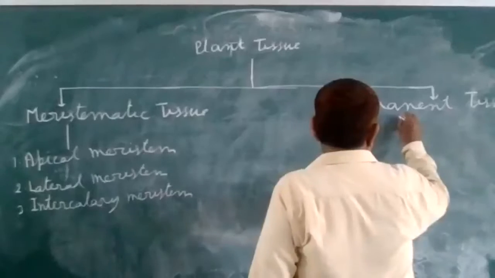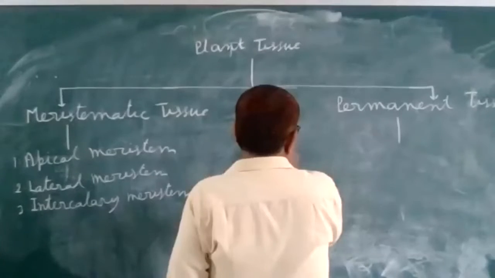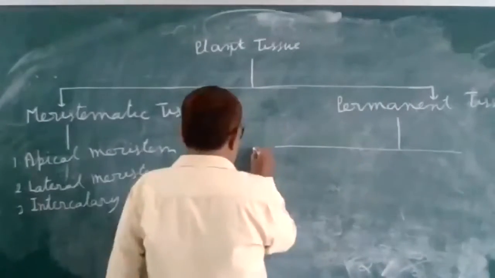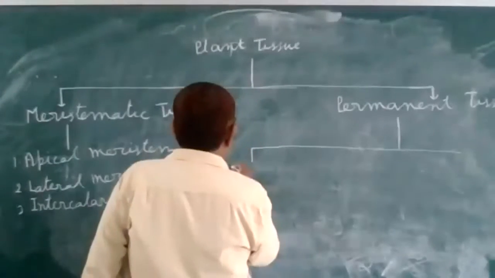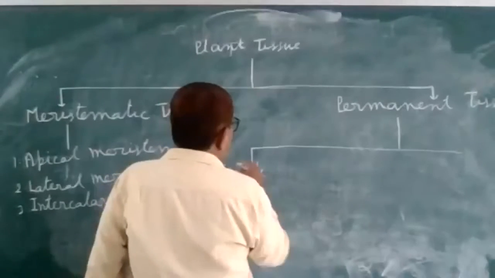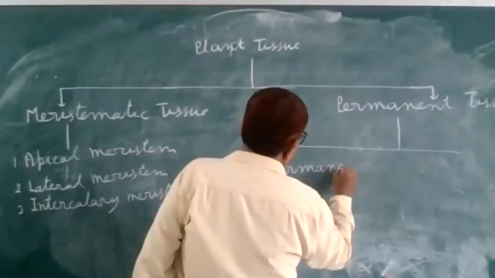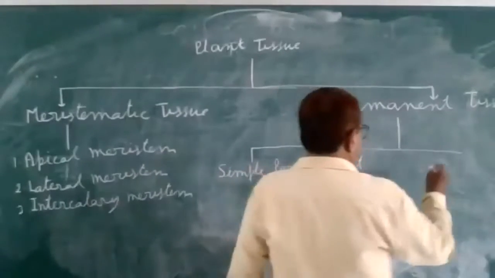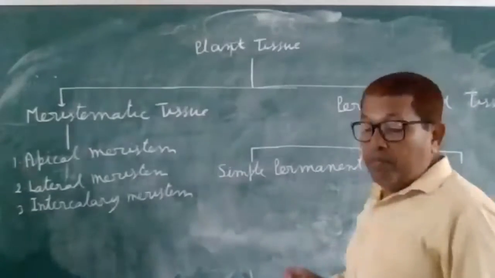Now this permanent tissue is of two types. Number one is simple permanent tissue, and second one is complex permanent tissue.